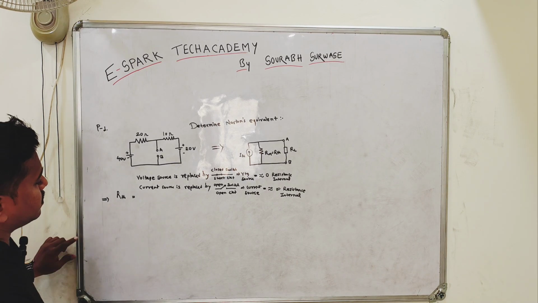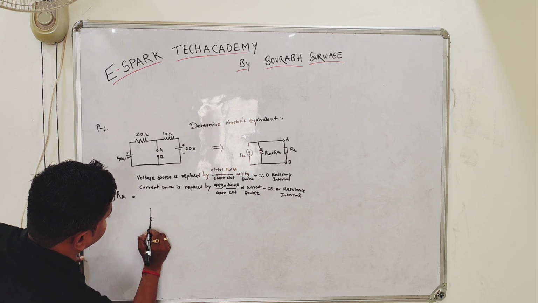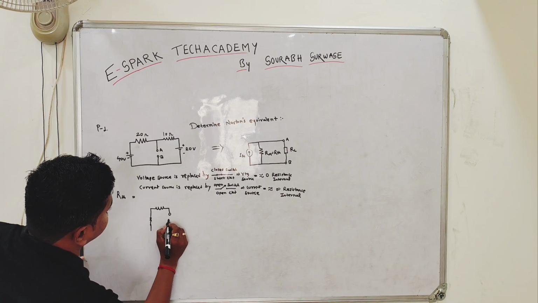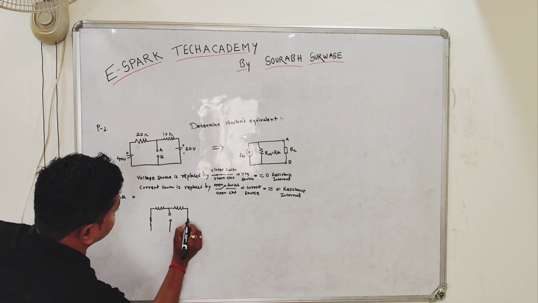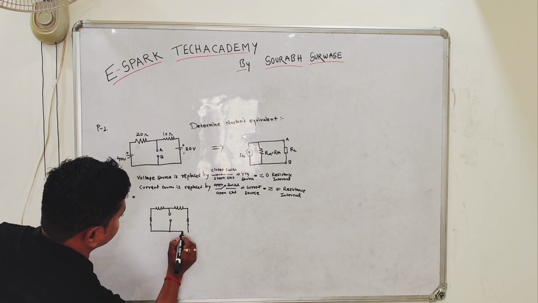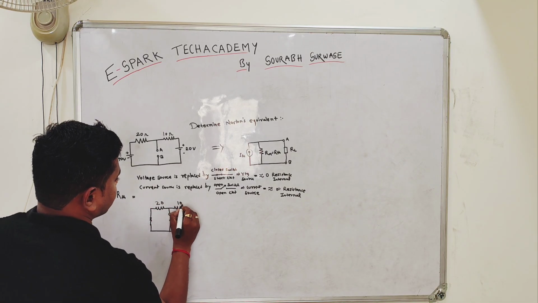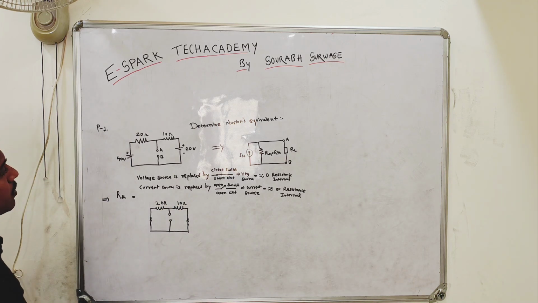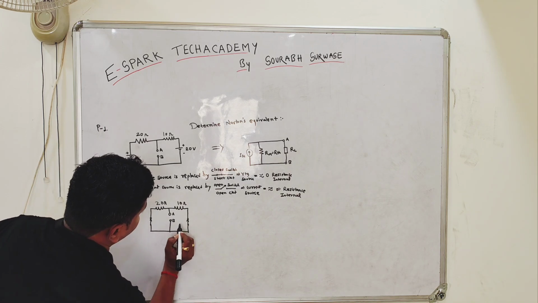So first we will short circuit this voltage source. This will be 20 ohm and 10 ohm, already given. Now we have to calculate the RTH.